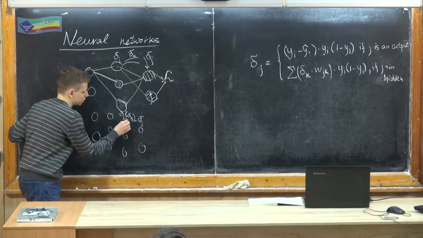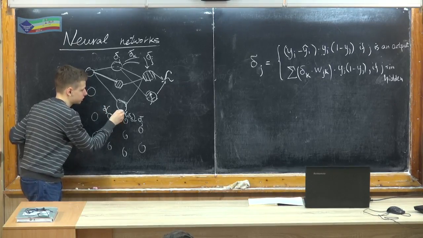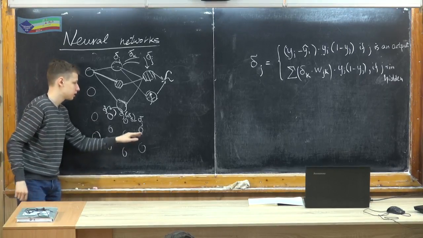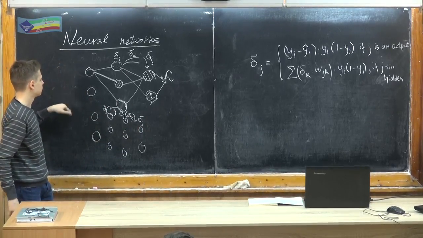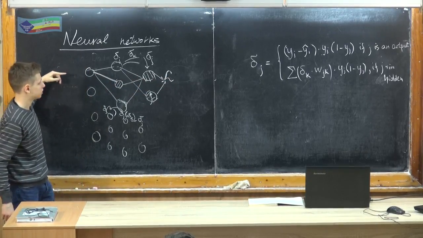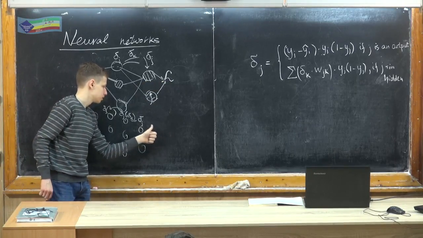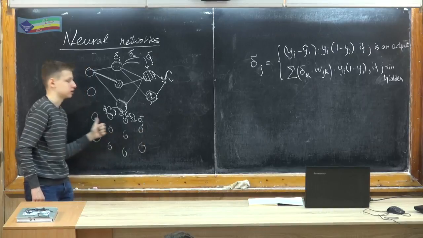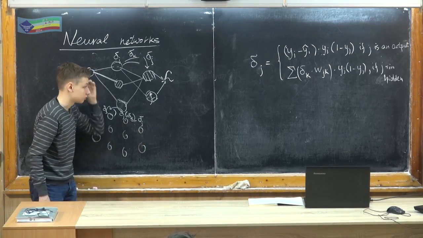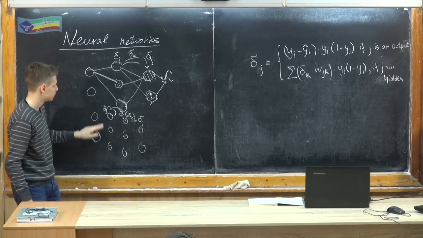And then if we want to calculate this delta j, we need to use the one calculated before, which means that when we calculate just y values, values are going in this direction. But when we are calculating error, error is going in this direction. So we first need to calculate this list of values, then we calculate this one and this one.